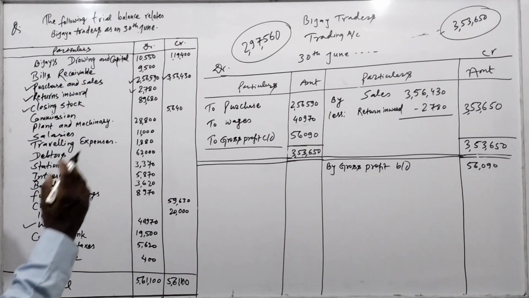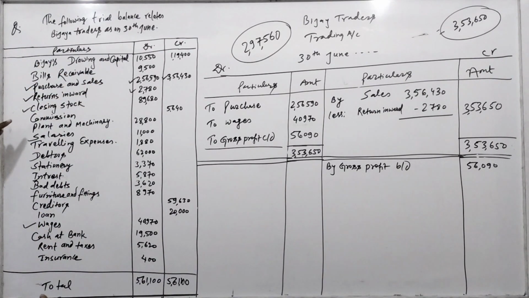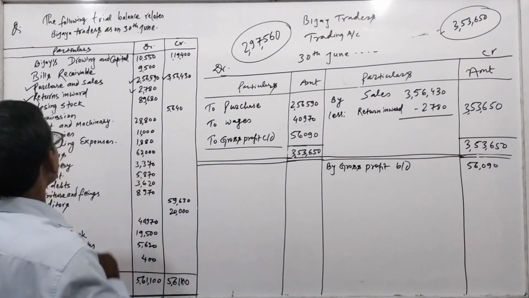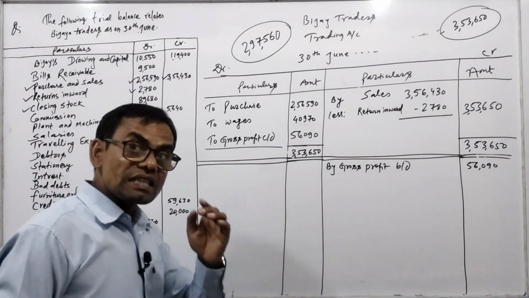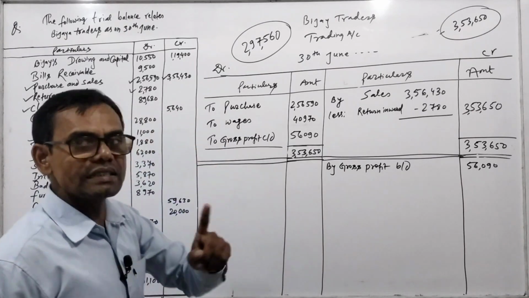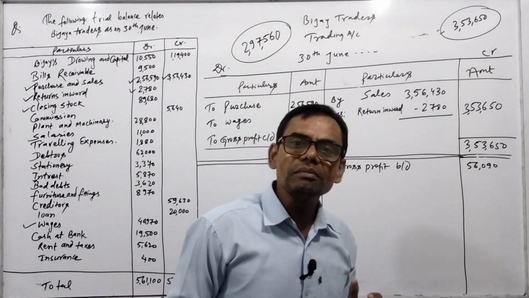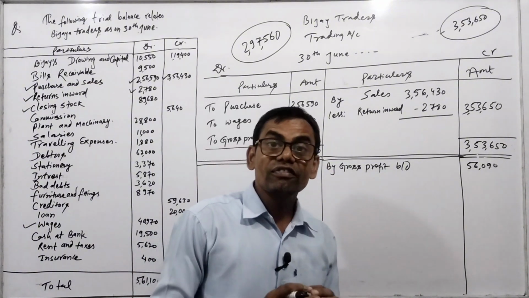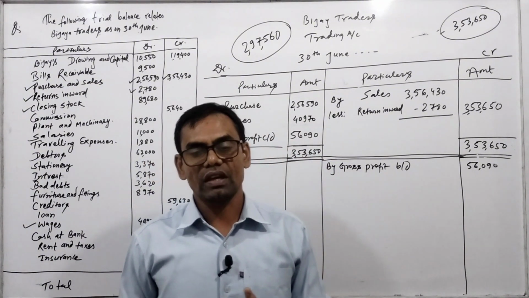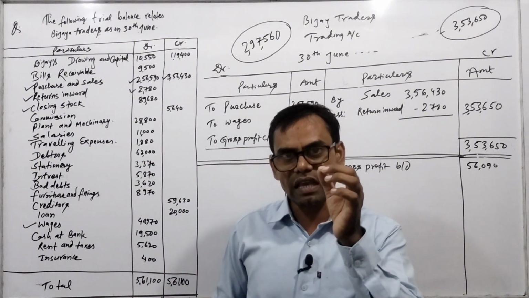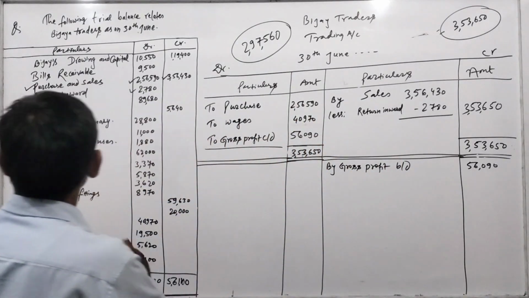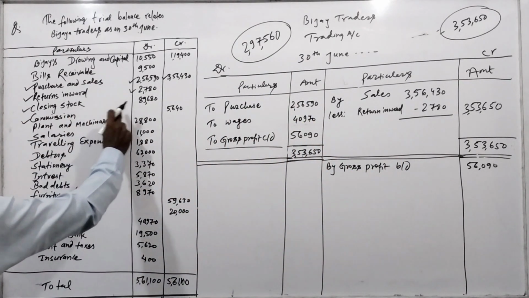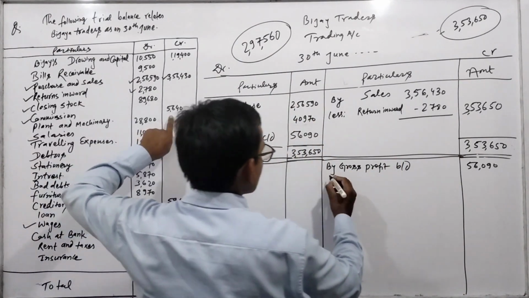So you see here, drawing and capital go to the balance sheet, bills receivable is an asset. Commission: is it expenditure or income? If commission is given in the credit side, that is income, and if commission is given in the debit side, that is expenditure. If nothing is told, then you have to understand it is expenditure. But here commission is in the credit side, it means it is income.